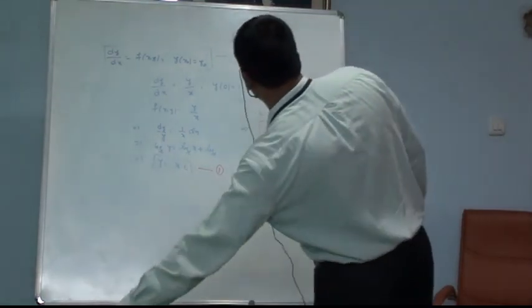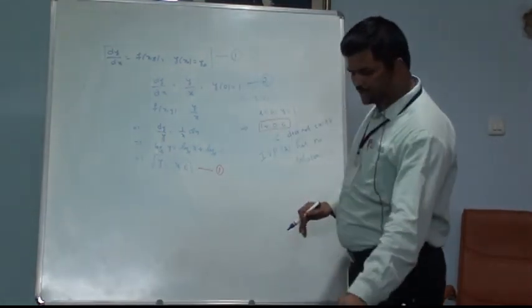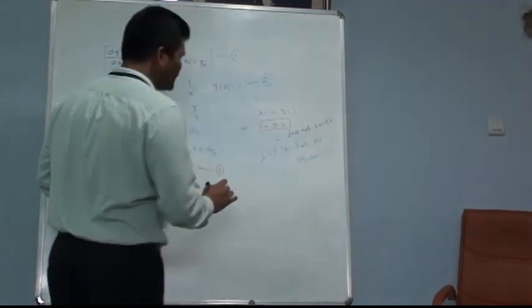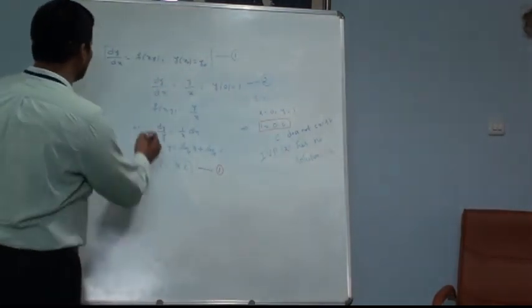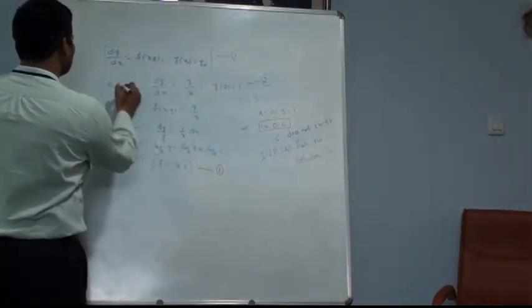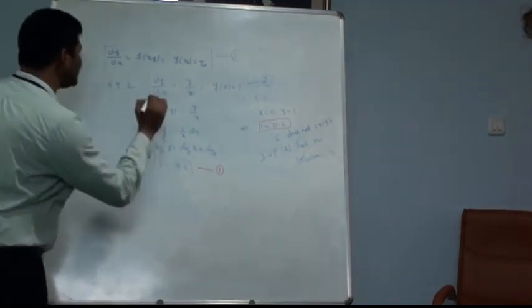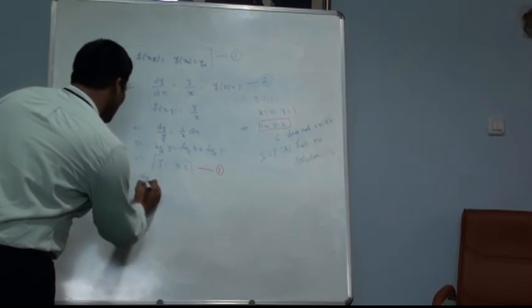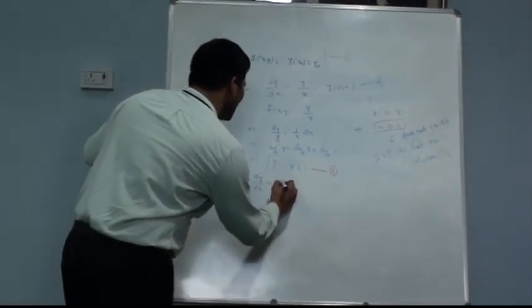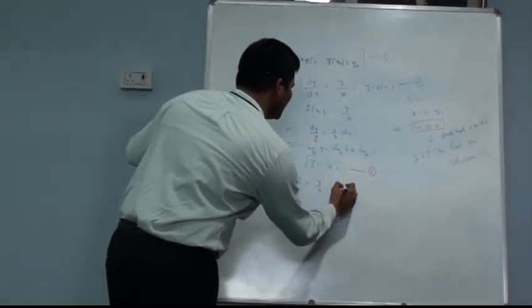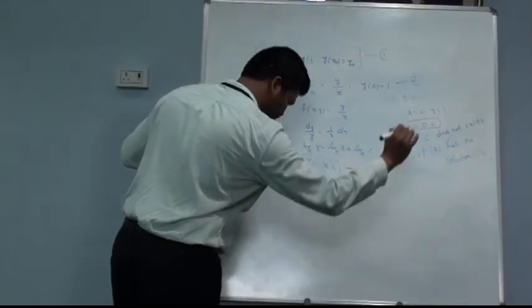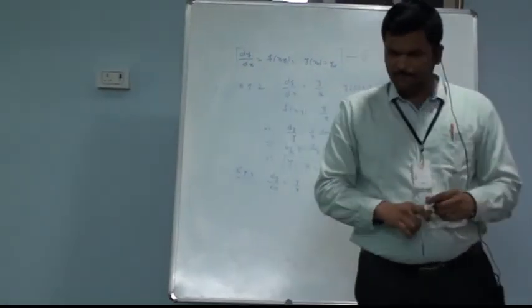Now we will concentrate on a different boundary condition. Same example, we'll take another example. Okay, I'll say this is example 2 and I'll write example 3. dy by dx is equal to y by x, y of 1 is equal to 2. Listen carefully.